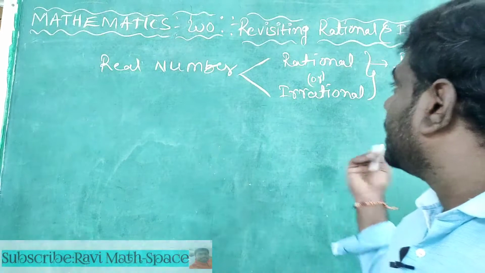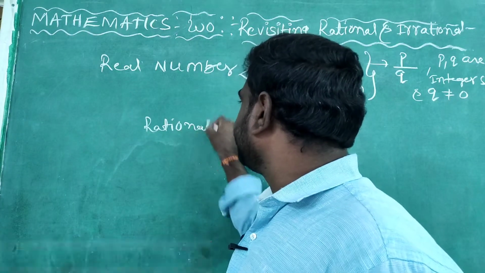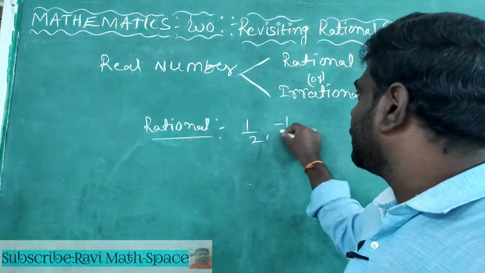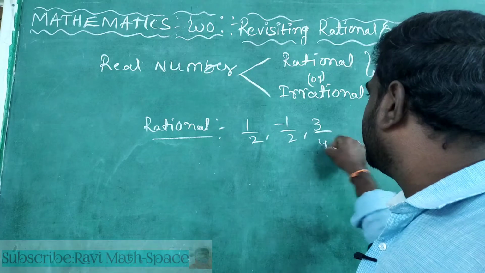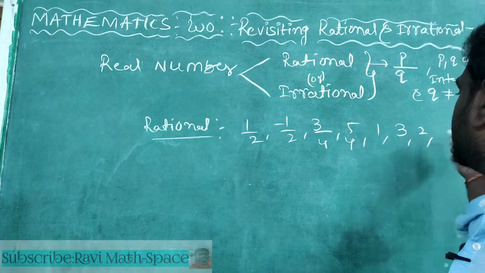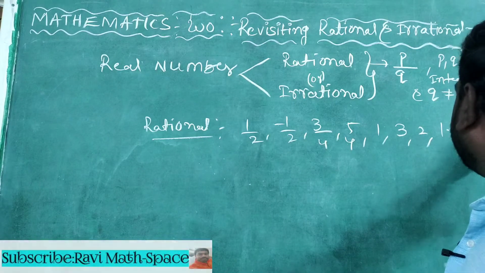What are some examples of rational numbers? Can you tell me? 1 by 2, minus 1 by 2, 3 by 4, 5 by 4, 1, 3, 2, 1.2, 1.3 and so on.